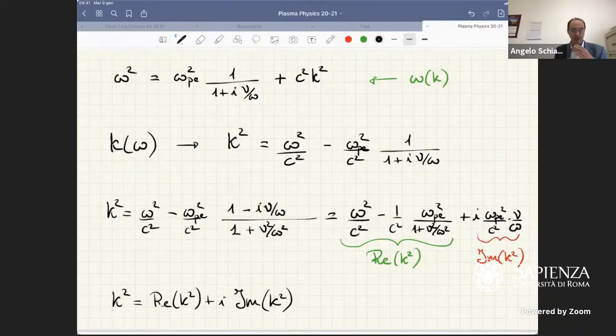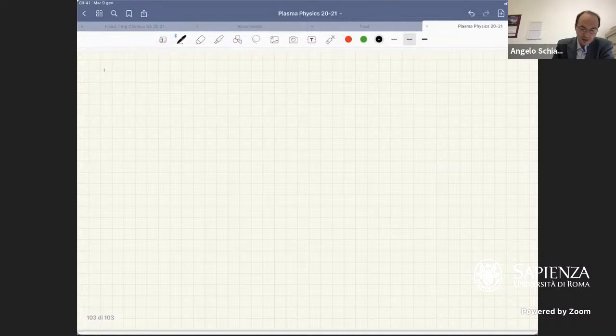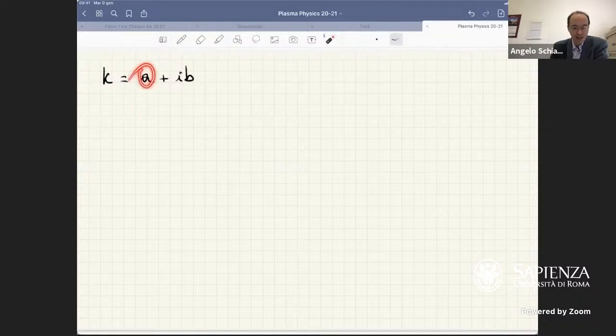And we see that the resulting k will be a complex quantity as well if its square is a complex quantity. So actually, k will be expressed as A plus iB. So we label A the real part of the k number and B the imaginary part of the k number.